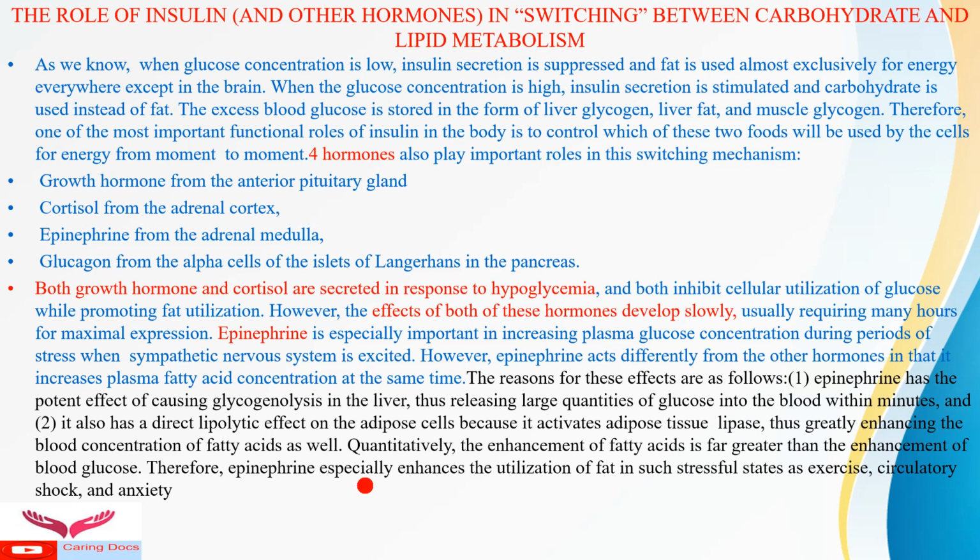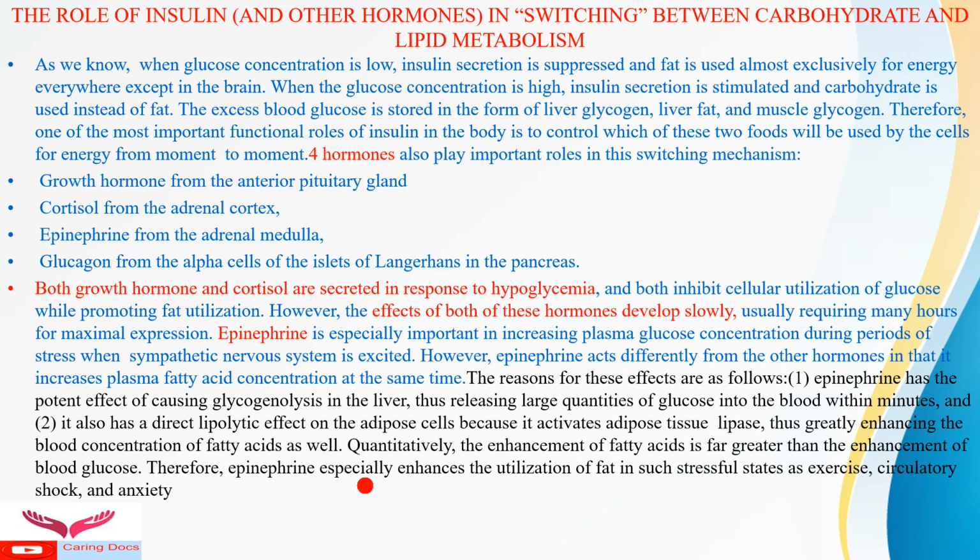Epinephrine, instead, is important in increasing the plasma glucose concentration during periods of stress, when the sympathetic nervous system gets excited. However, epinephrine acts differently from the other hormones in that it increases the plasma fatty acid concentration at the same time.